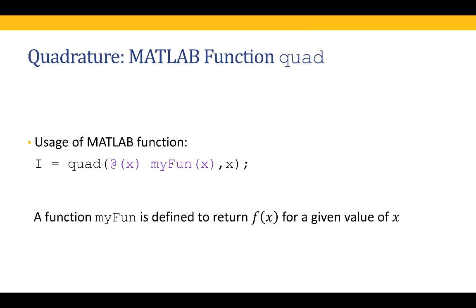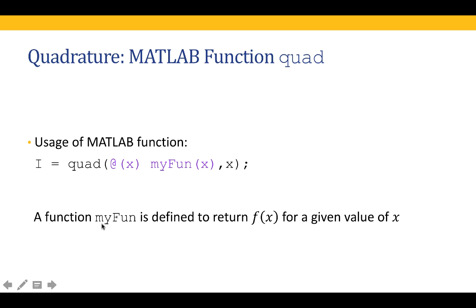The second function that I wanted to cover is what is known as quad. In the method quad, what we actually do is we pass our function file itself to the MATLAB command quad. How we do that is what is known as anonymous functions. @(x) means x is the variable and myfun is the file that calculates the function f of x.